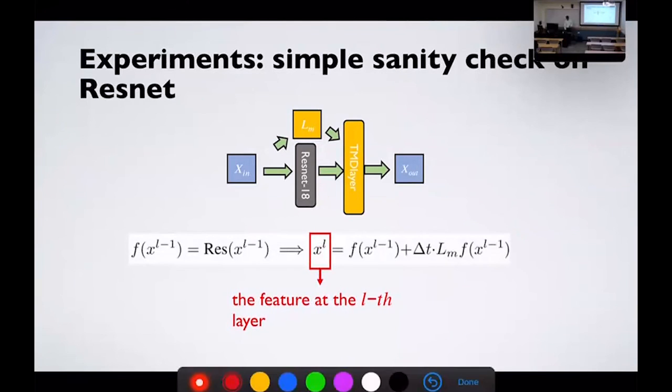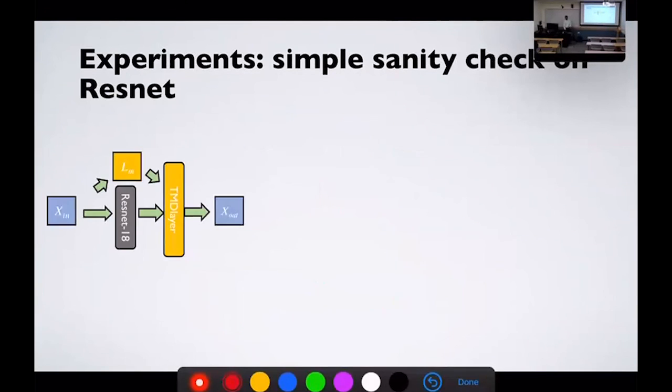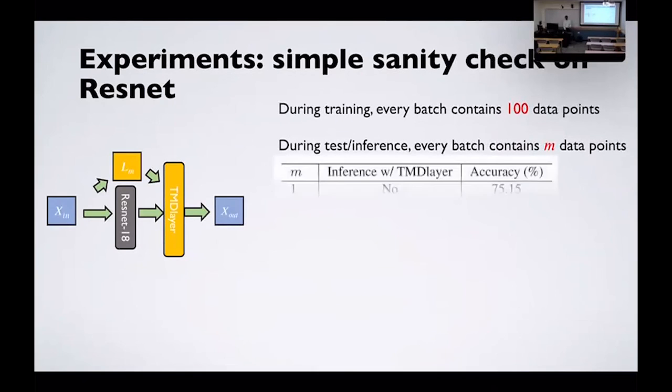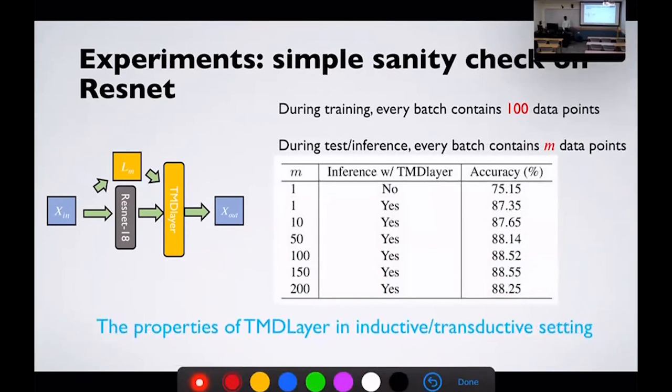Simple, and we showed how even for ResNet, you can have what I call a post-training, somewhat mysterious accuracy boost. We still don't know why.